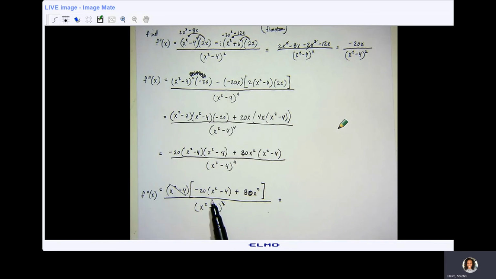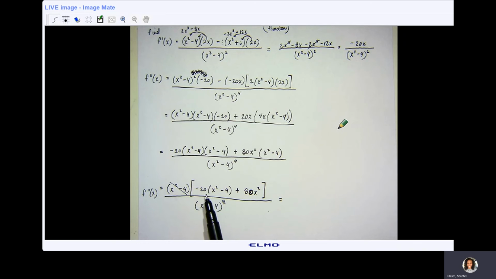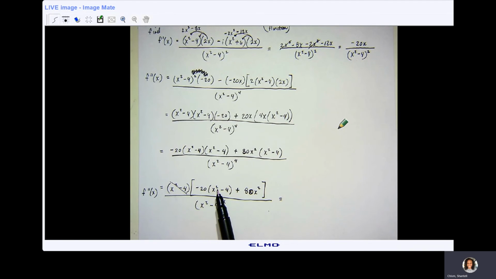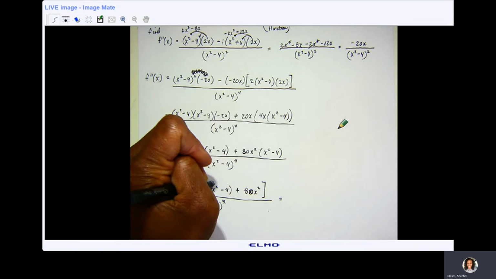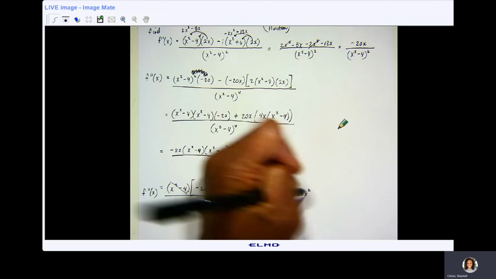So I have negative 20x squared minus 4. And then I've got plus 80x squared. So I'm going to use the distributive property here. So I've got a negative 20x squared.